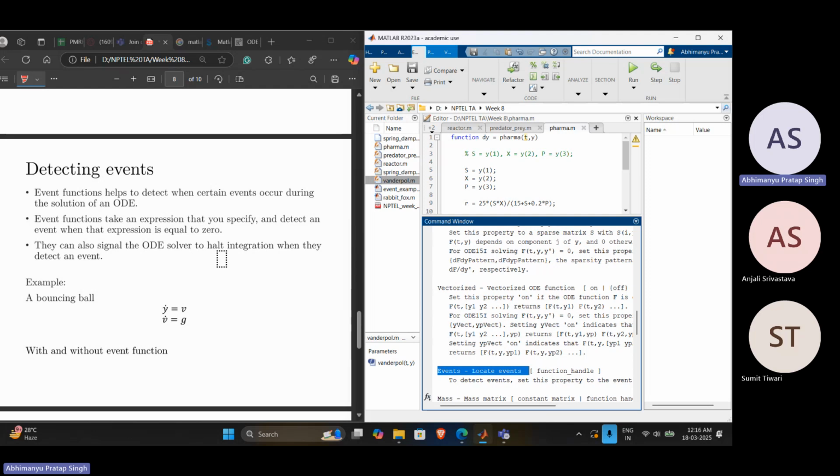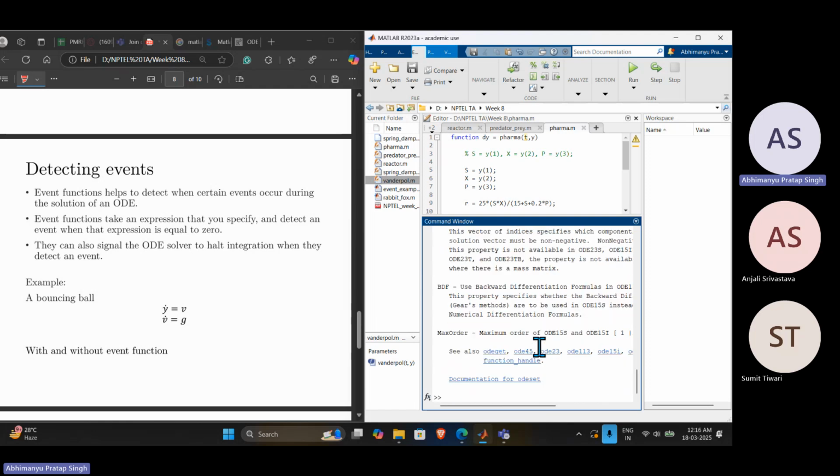Some of these chemical simulations take a long time to run, so you want them to stop at a certain value of concentration. You can't let them run for a long time, right? So you can use the event function for that. We'll look at a few examples using this event function. The first one is the bouncing ball example.